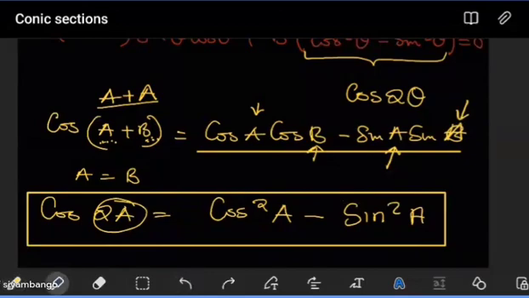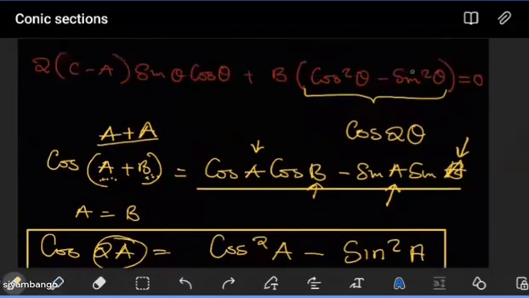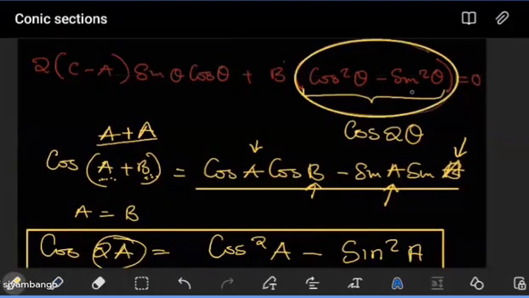Yes. So if our angle is instead theta, it now means that cos squared theta minus sine squared theta, by that identity, can be replaced by cos 2 theta. Have you seen that?